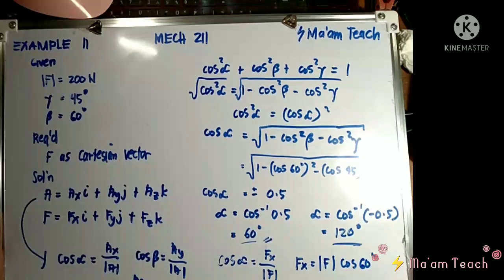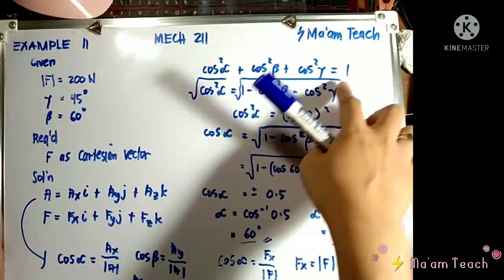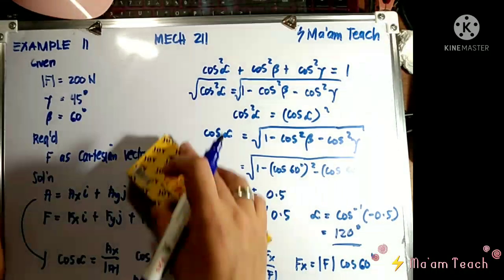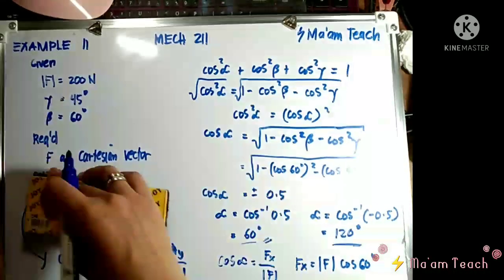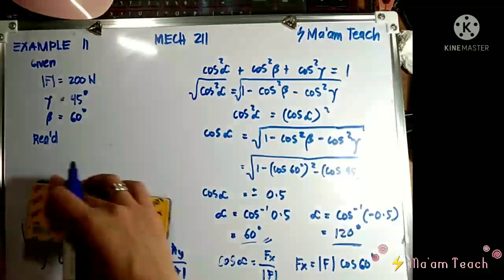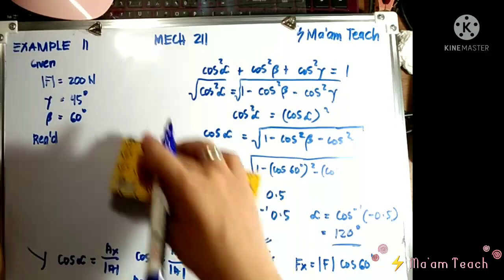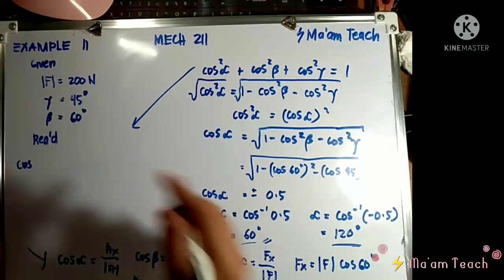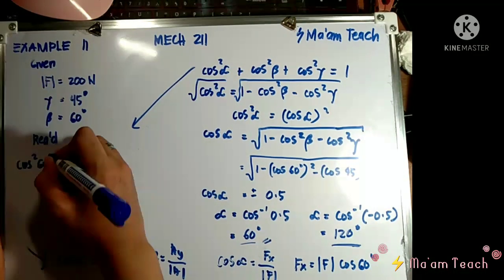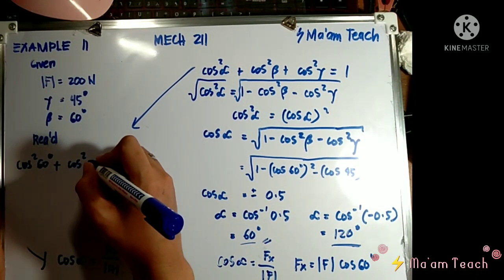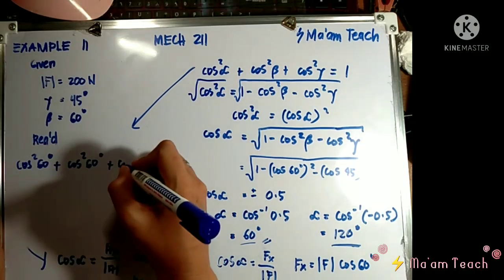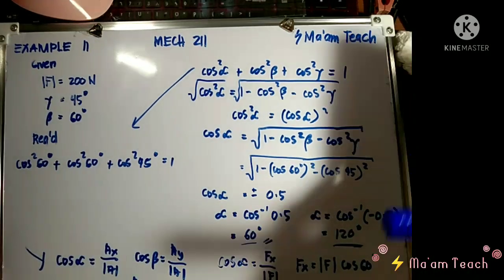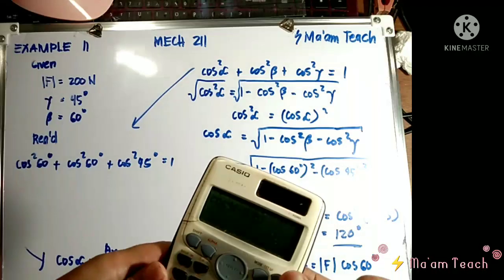By the way, class, let us check first if it will equal 1, before we compute the x, y, and z components. Cosine squared 60, plus cosine squared 60 also, plus cosine squared 45 degrees should be equal to 1, class. If it is not equal to 1, our value is not correct.